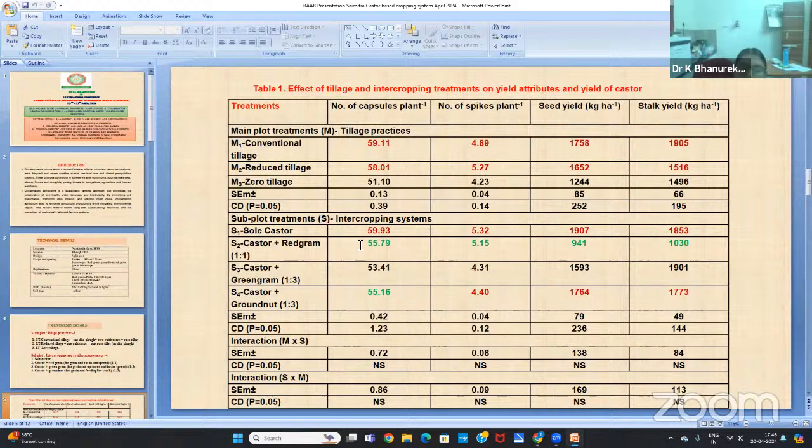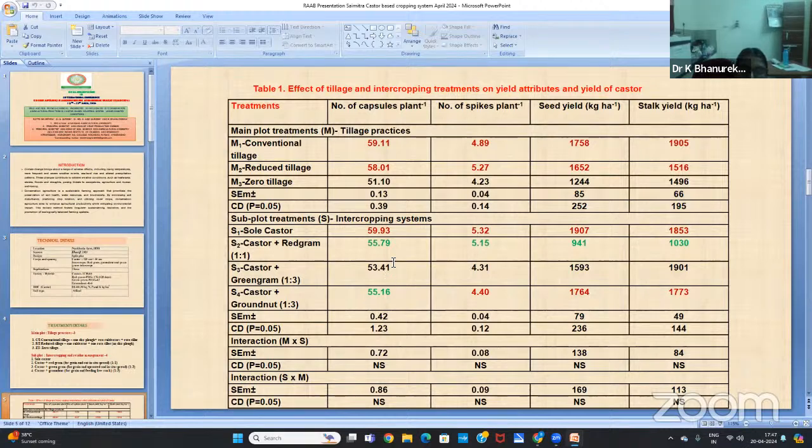Coming to the subplots, that is the different cropping systems, the sole castor has recorded higher yield attributes and yield, but it was closely followed by castor plus red gram intercropping system, as well as castor plus groundnut.